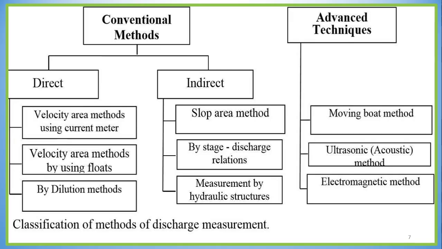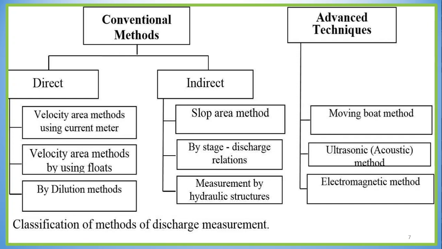Now, which are the methods for measurement of stream flow? There are conventional methods, which involve direct and indirect techniques, and there are some advanced techniques for the measurement of stream flow. Which are the direct methods? These include the velocity area method using a current meter, and velocity area methods using floats.